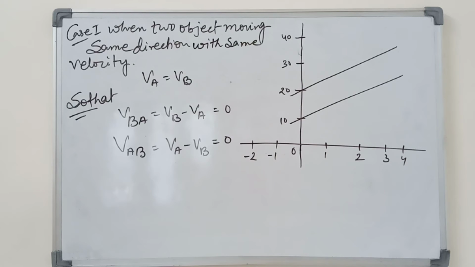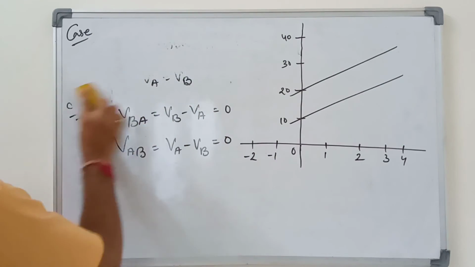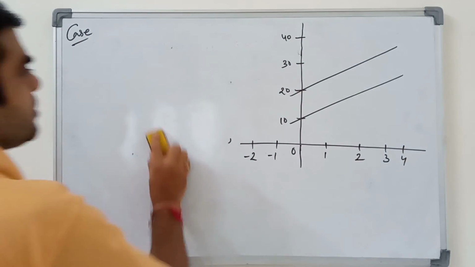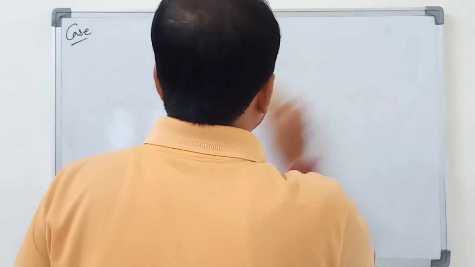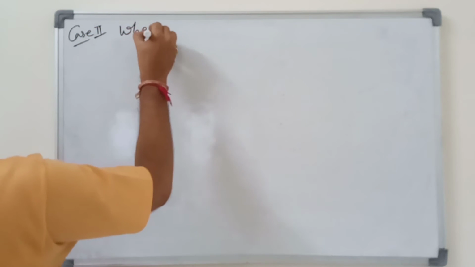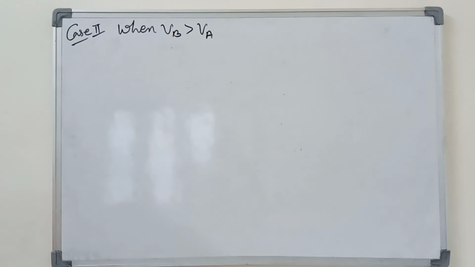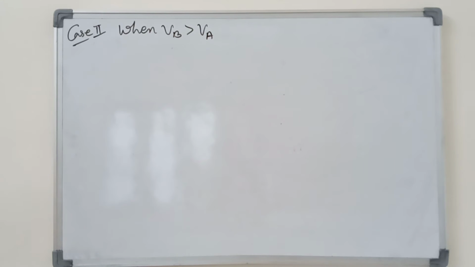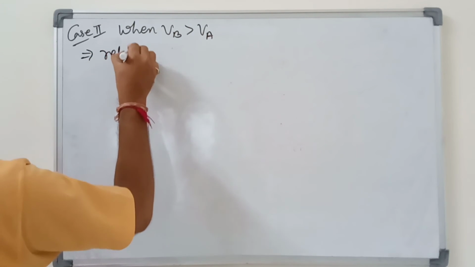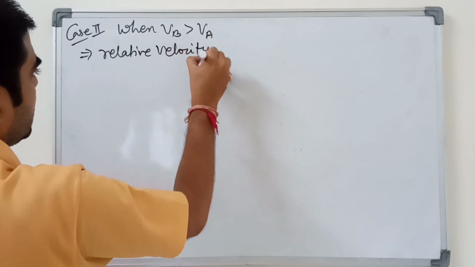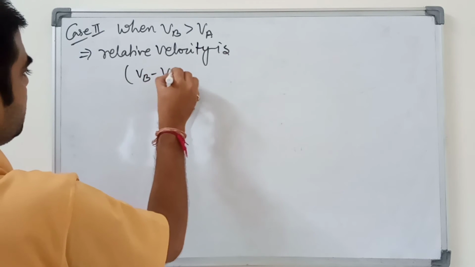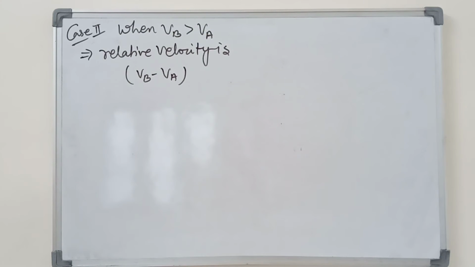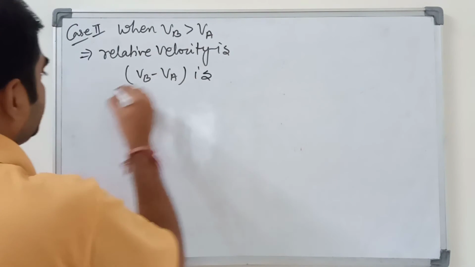Second case, write down: when vB is greater than vA, the relative velocity is vB minus vA, which is a positive value.